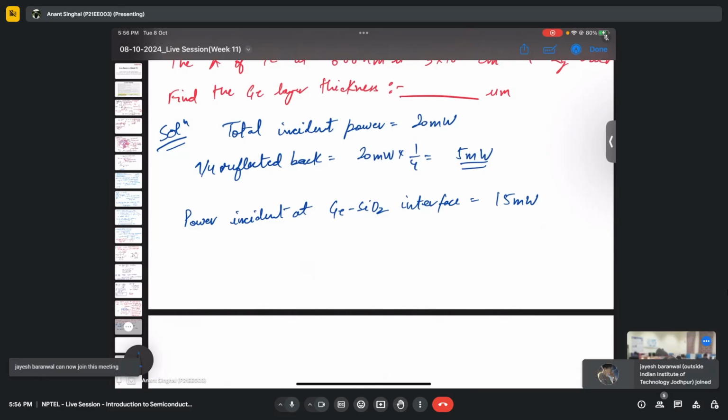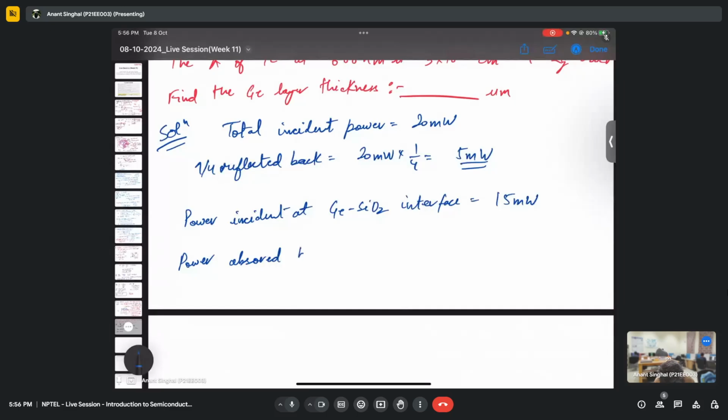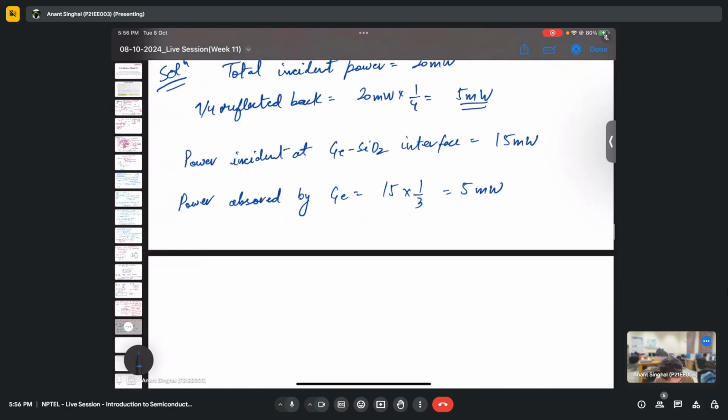And out of this 15 milliwatts, it is saying the power reflected is one third. So 15 times one third is 5 milliwatt. So the remaining that we have going onto the germanium surface is 15 minus 5, which is 10 milliwatt. This is the incident power going on the germanium surface.